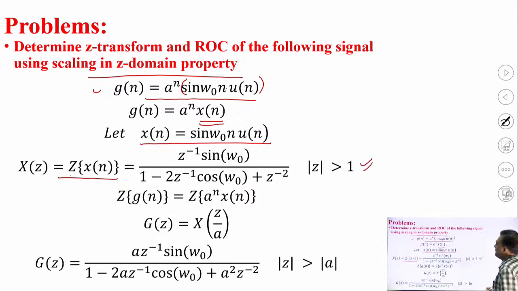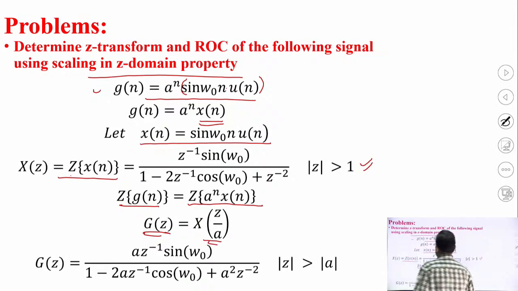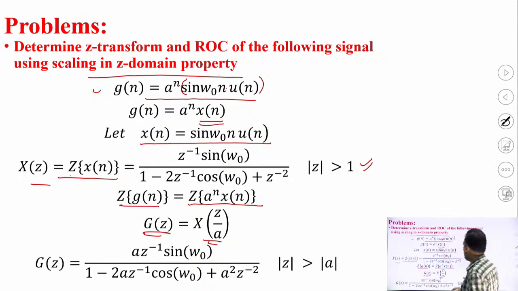where mod z is greater than 1. Okay. So according to the scaling in Z domain property, the Z transform of g(n), which is a to the power n x(n), is G(z) equals X(z by a). So in place of z in X(z) that we have obtained, we will replace z by z upon a.